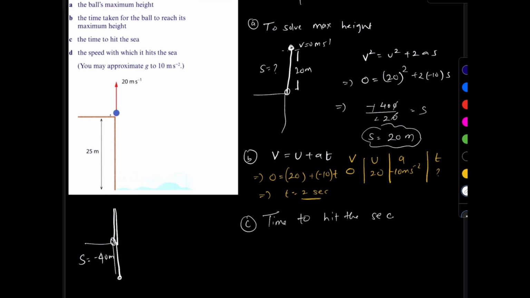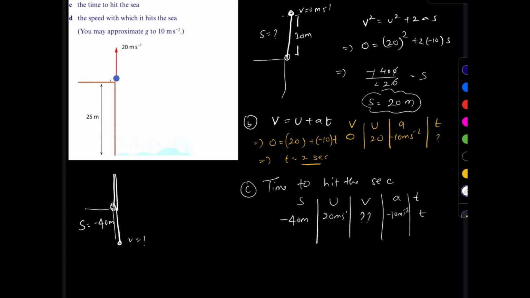So what I know from SUVAT, I know the total displacement is minus 40 meters. Initial velocity is 20 meters per second. Final velocity, we don't know with what velocity it hits the sea, so this is unknown. The acceleration is still minus 10 meters per second square, and this time is what I'm looking for.